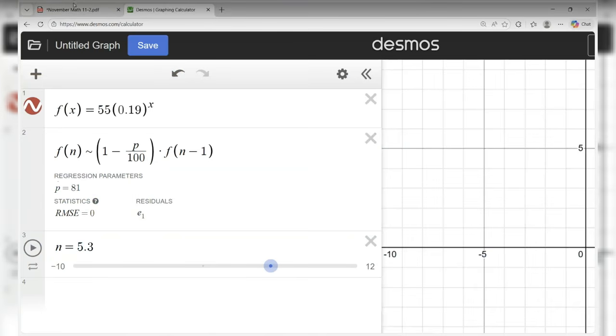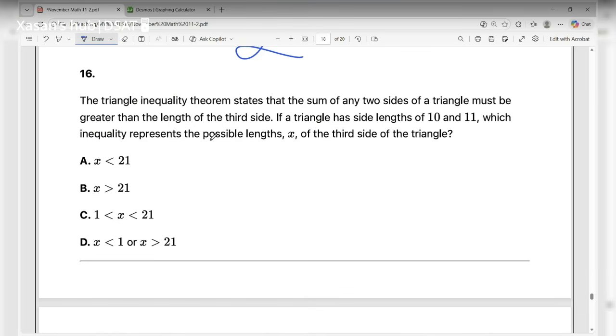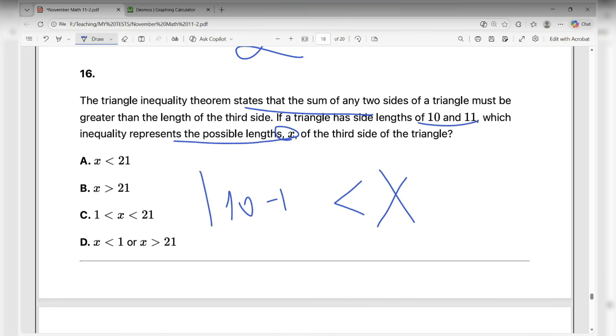And next question we're solving. 16, guys. The triangle inequality theorem states that the sum of any two sides of the triangle must be greater than the length of the third. If a triangle has side lengths of 10, 11, which equation represents the possible length x of the third side? Guys, to find the third side of the triangle, if you already have the two sides, x must be between the absolute value of 10 minus 11, and then 10 plus 11.